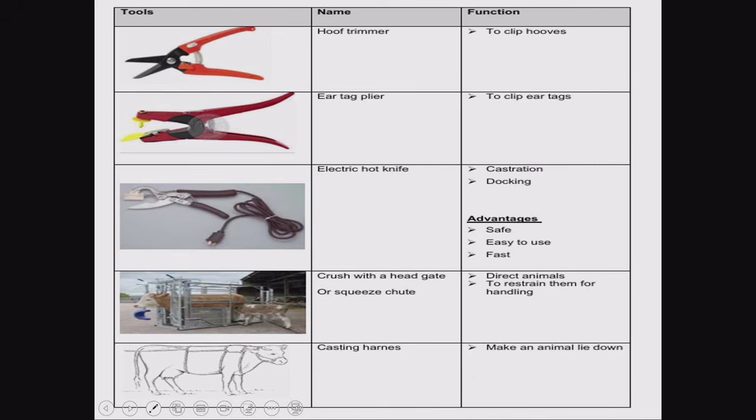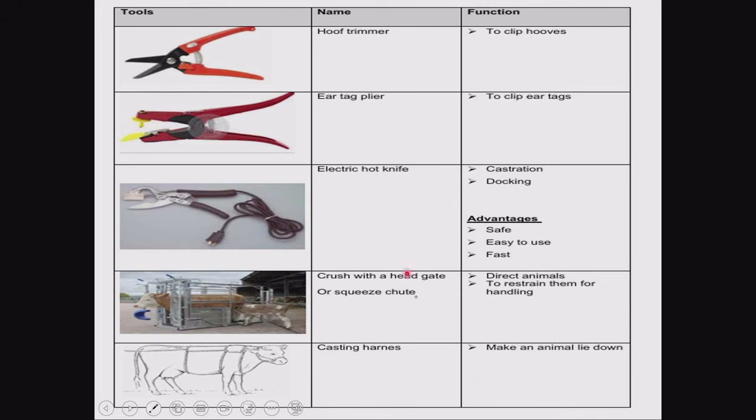And also you have tail docking, meaning that you remove the tail. It's a procedure that you do to prevent blowfly strike, especially in sheep, and also for easier reproduction. So these are the advantages of using the electric hot knife. It is safe and easy to use, and it's fast.